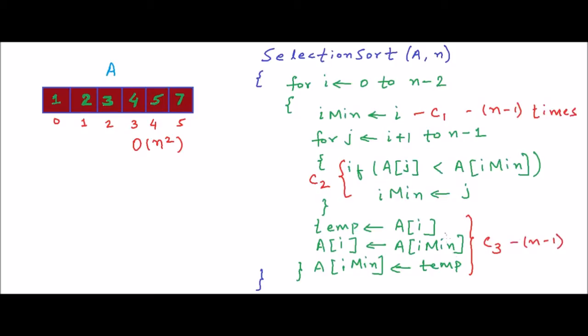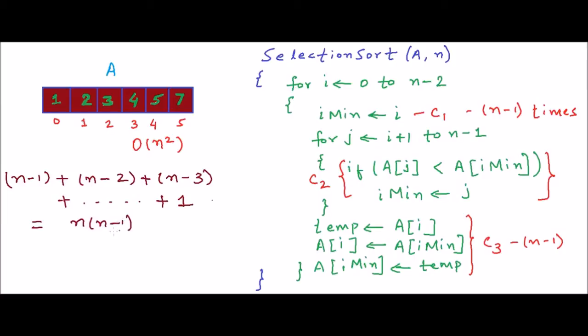This set of 3 lines, if we try to calculate how many times these 2 lines will be executed, it will be n-1 for i equals 0, n-2 for i equal 1, n-3 for i equal 2, and this will be an arithmetic progression. We will go till 1 for i equal n-2, and this will be equal to n into n-1 upon 2.